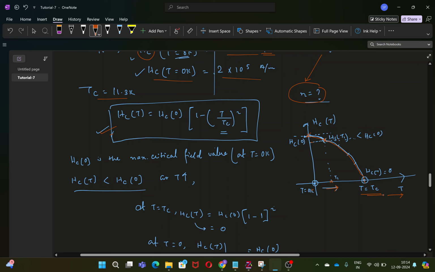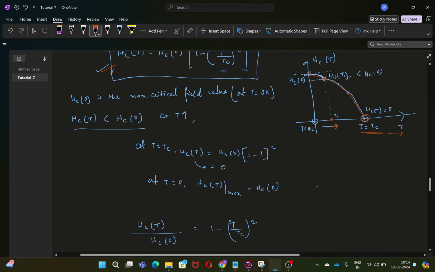And finally, as it keeps on decreasing with temperature increase, there will come a point where T is equal to Tc, the critical temperature, that is this point, where the graph touches the x-axis. That means the y-axis value is 0, or Hc(T) is 0. So at the critical temperature, the critical field value is 0, but at 0 Kelvin, when it is deepest inside the superconducting state, the critical field value is the maximum, which is Hc0, right?